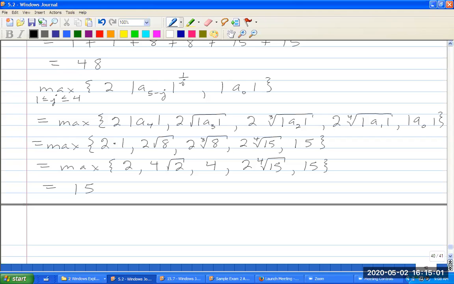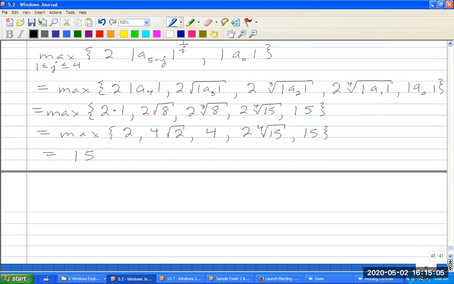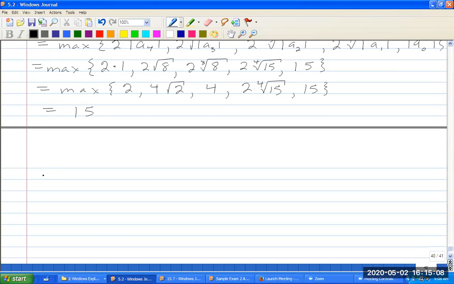Okay. So now I want to find the minimum of, I wonder if I should write it this way, the way it was written in the theorem.